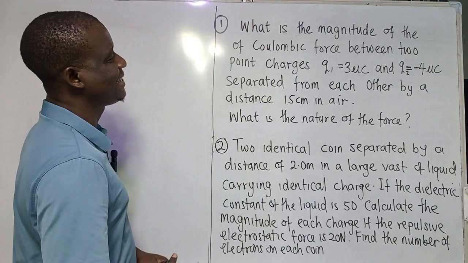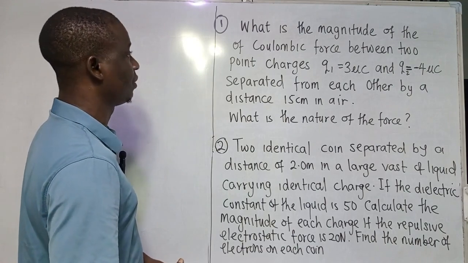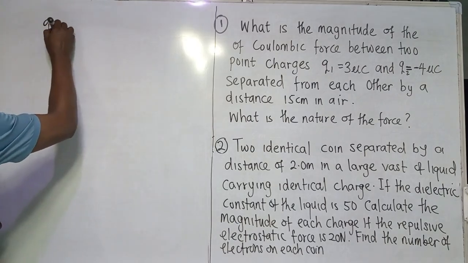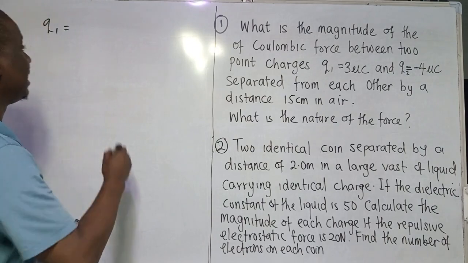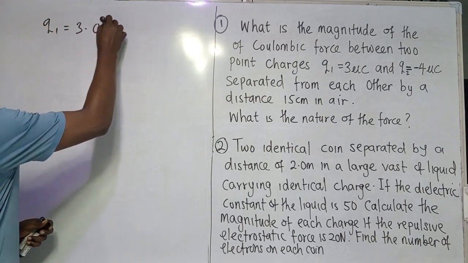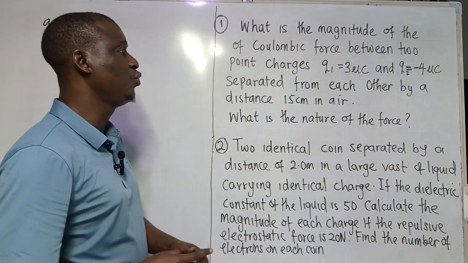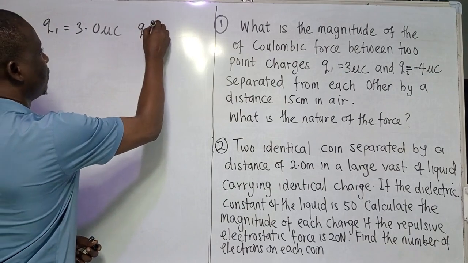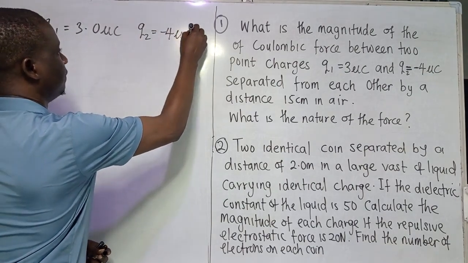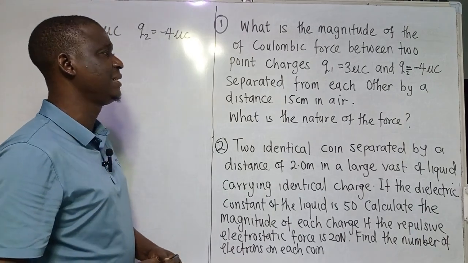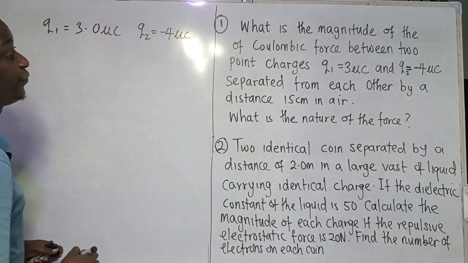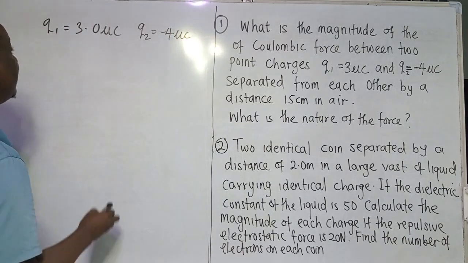Number one says, what is the magnitude of the Coulombic force between two point charges Q1 equal to 3.0 microcoulomb and Q2 equal to minus 4 microcoulombs, separated from each other by a distance of 15 centimeter in air.